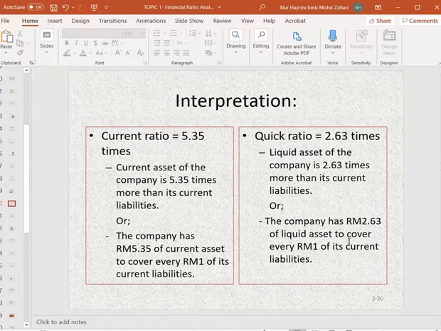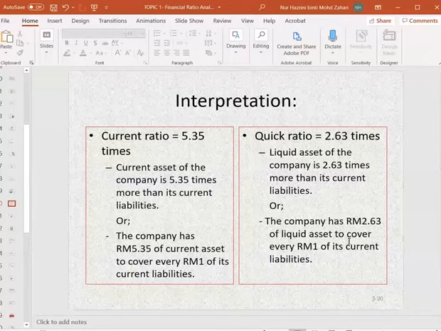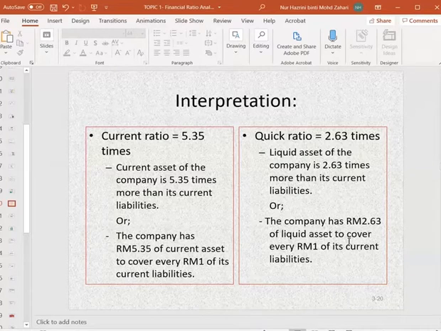If anything happens, you are safe to cover all of your current liability. For these two ratios, the ratio of 2 to 1 is already safe for you. But of course, the higher the better, if you are comparing company A and company B.